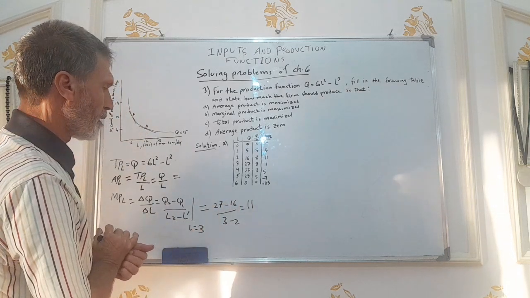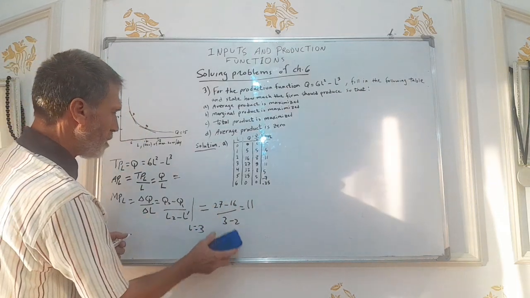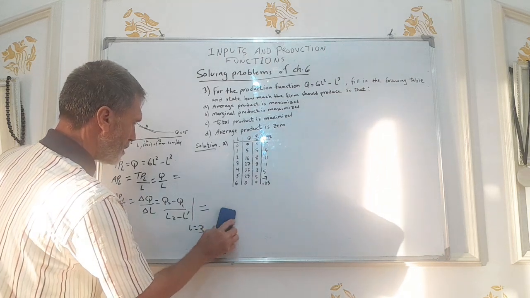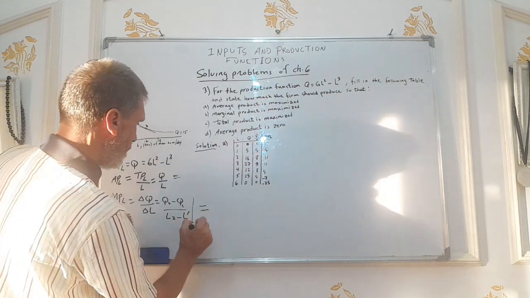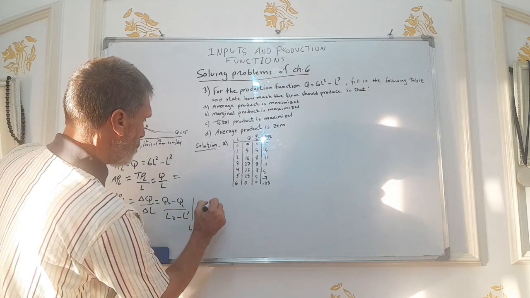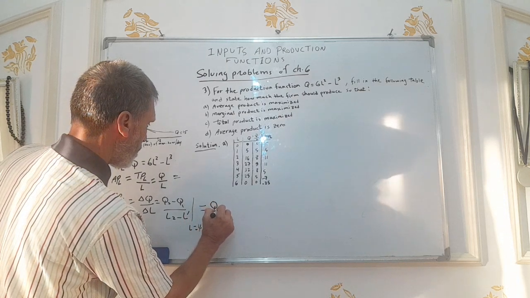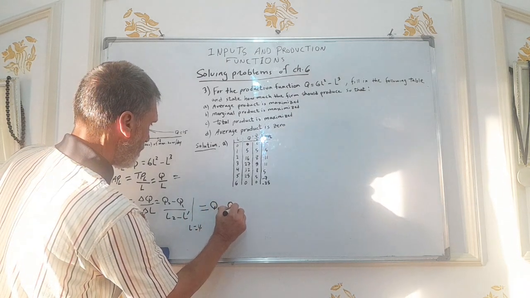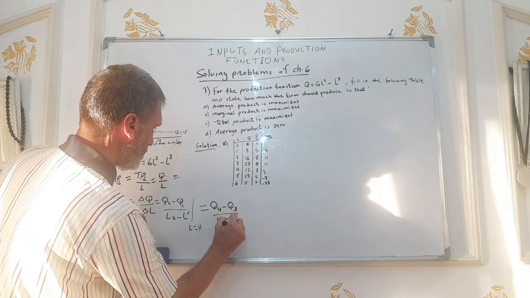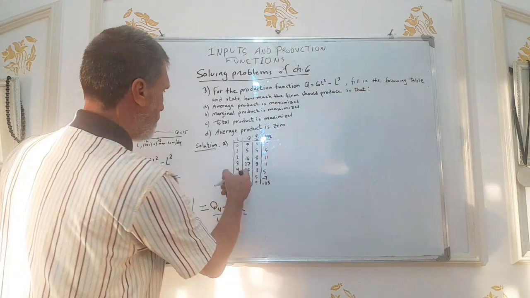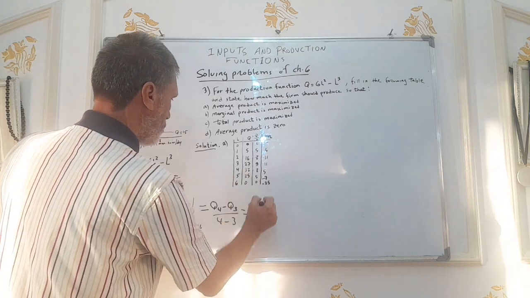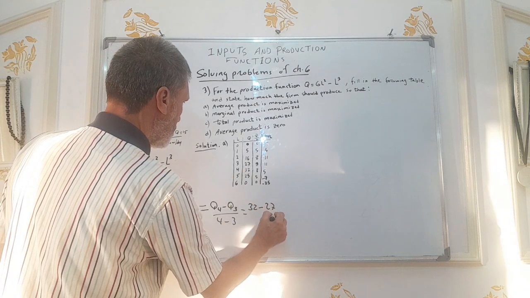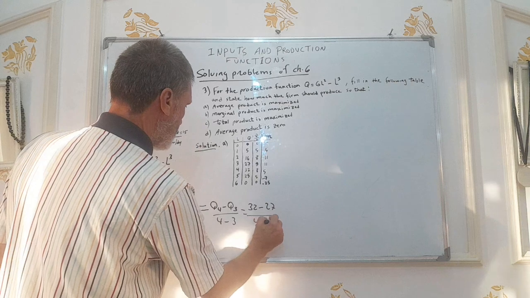But the same thing when L equals 4. When L equals 4, it's going to be equal to Q4 minus Q3 over 4 minus 3. Q4 here is 32 minus 27 over 4 minus 3.